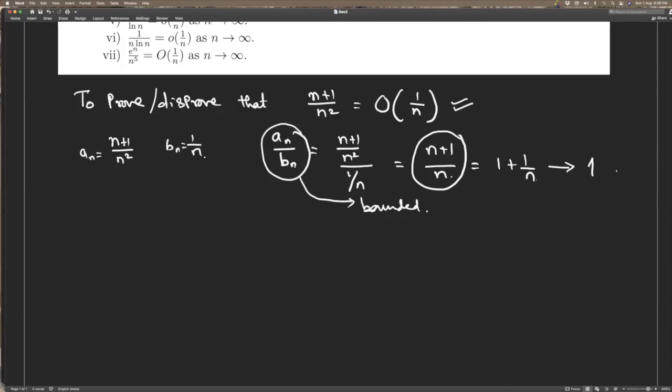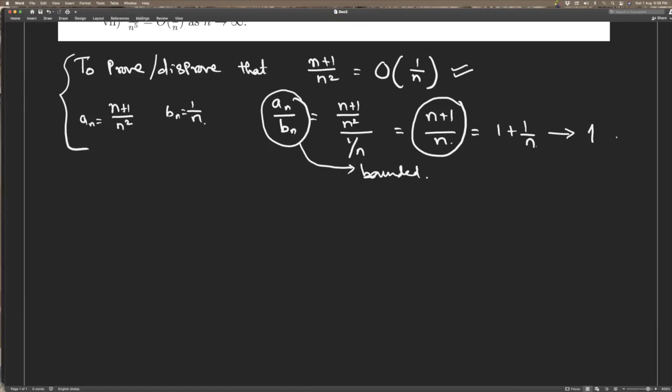But if you want to cross check the same sequences rigorously with the definition that is given in the class, let us see how to do that. You have to show that an is less than or equal to some constant times bn. That is what we have to show. This should happen at least after some finite number of terms.